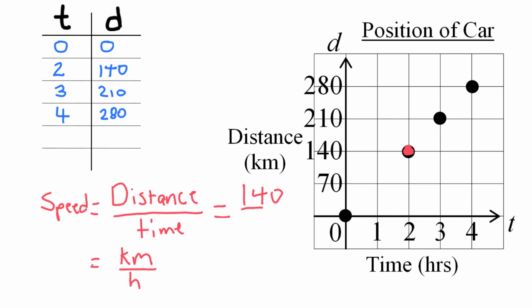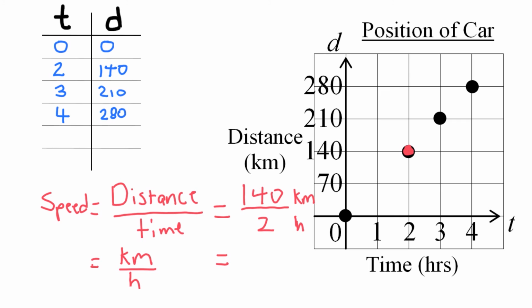And we're going to divide that by the time. Now for that dot, to find the time, you go down to the x-axis and it's 2 hours. So the speed that that point represents is 140 kilometers divided by 2 hours.